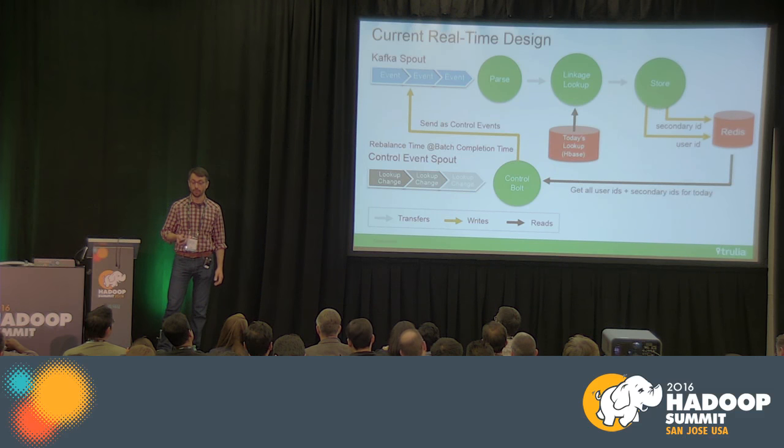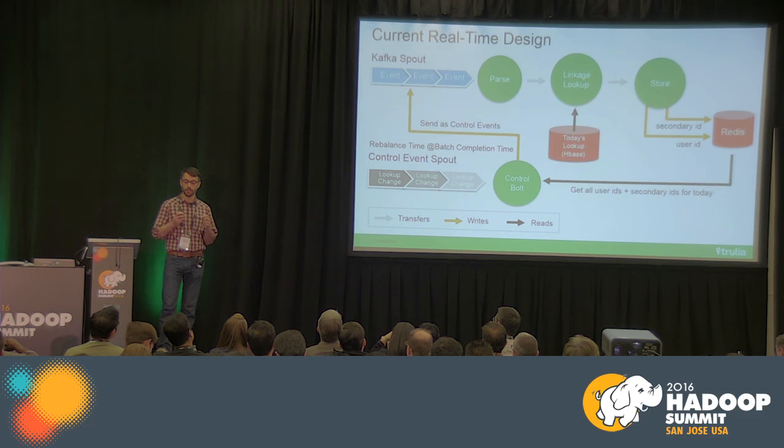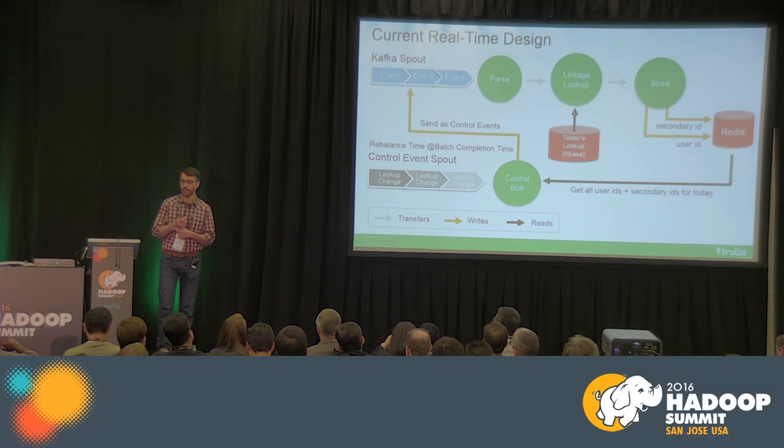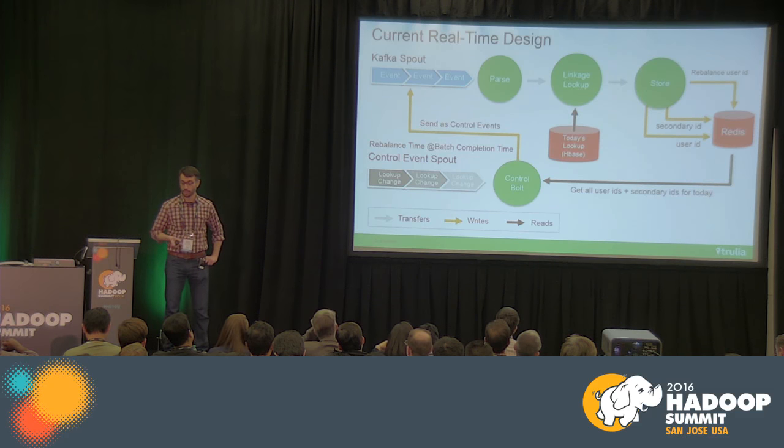So these events go through a regular parsing phase. Now, the linkage lookup bolt has been instructed to switch to today's lookup. So it's going to find out the correct linkage for all these user IDs and all the secondary IDs we pipe through it. So now we're ready to do our actual work.